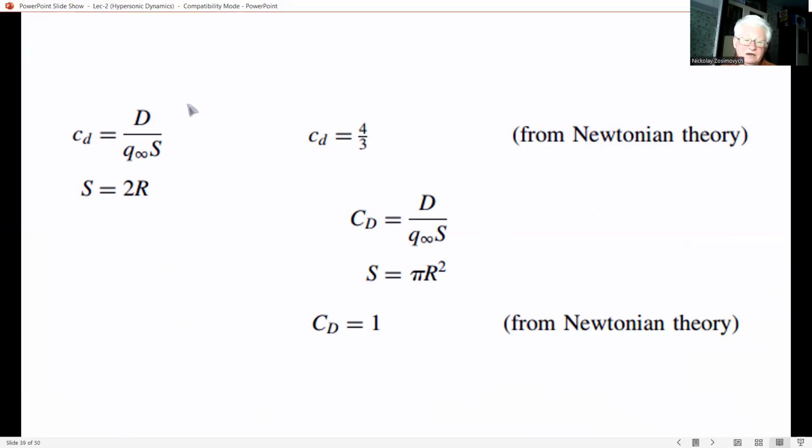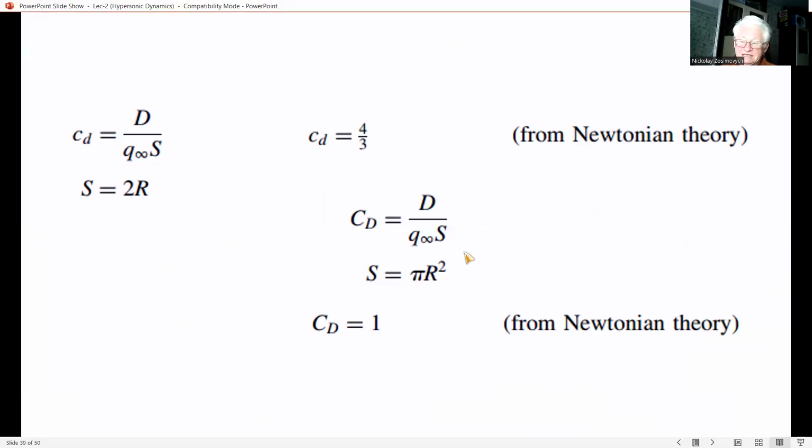For the circular cylinder of infinite span, we have CD equal to drag over q S, where S is proportional to R. Here R is the radius of the cylinder. And CD in this case, from Newtonian theory, gives us 4/3.